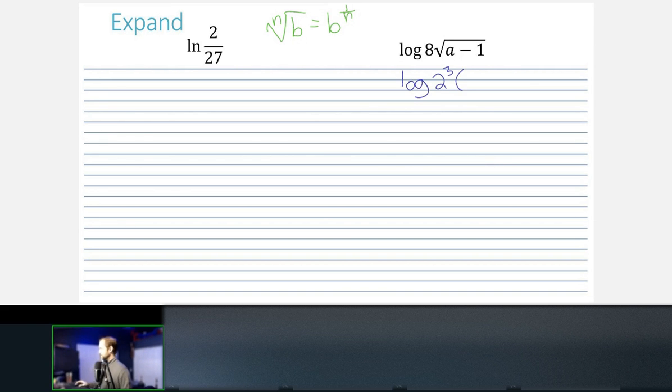And then we know that the square root becomes that quantity to the 1/2 power. All right, so everyone should have got this step correct, and I'm confident that all of you did.